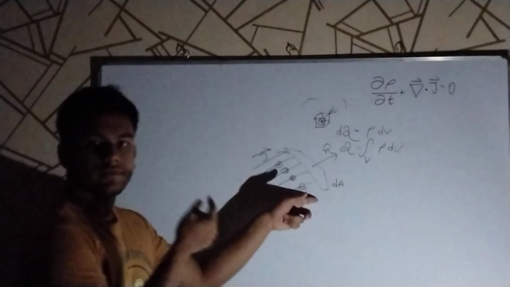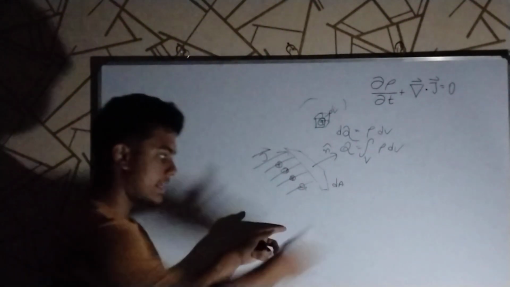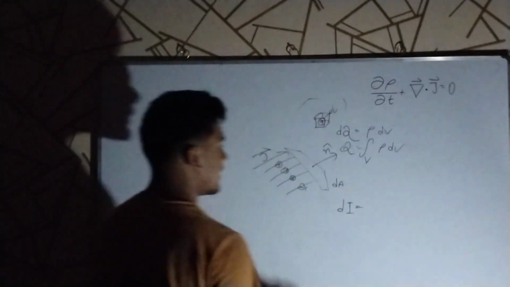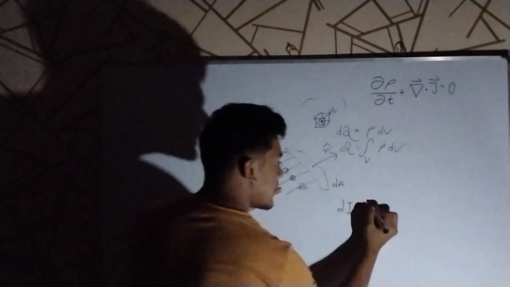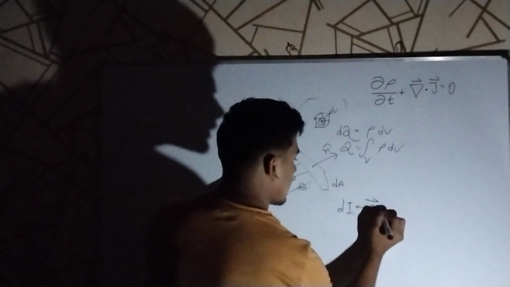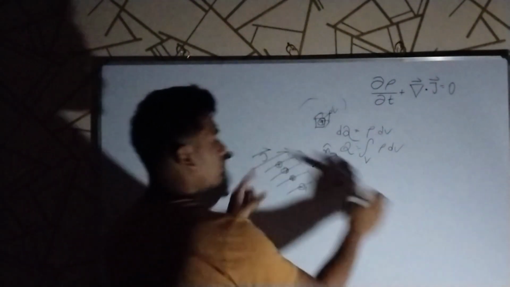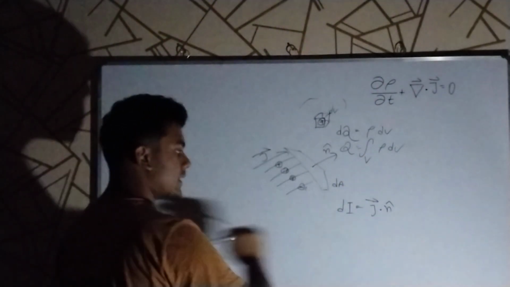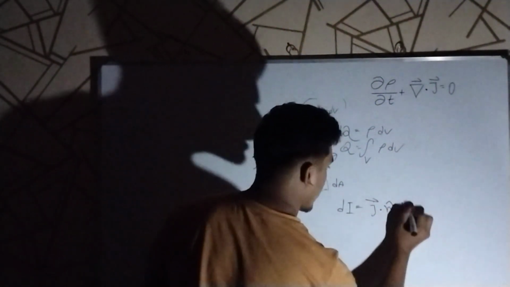And the amount of current that passes through, that is dI, equals the current density J dotted with the normal vector n times dA.